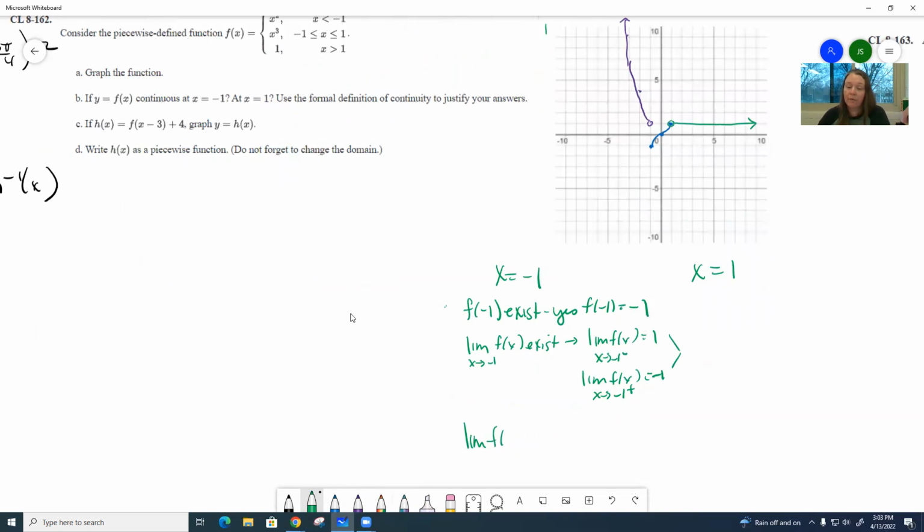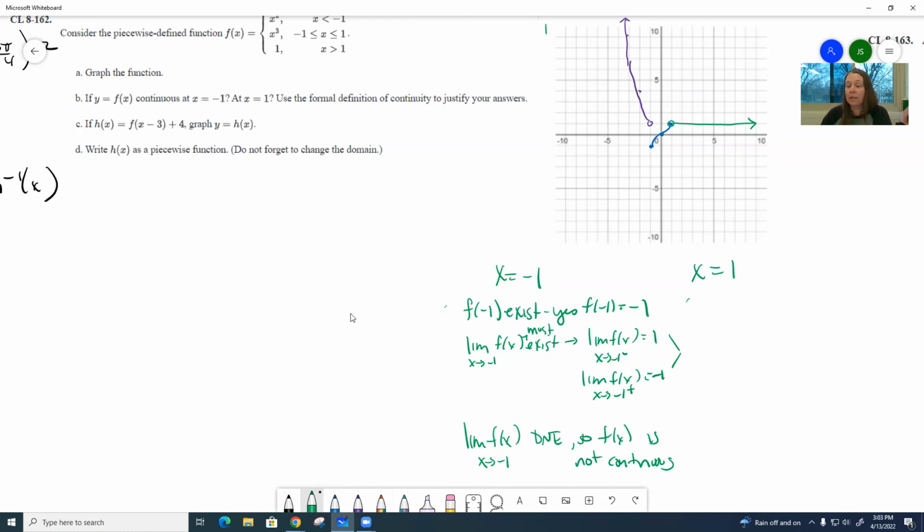So the limit of f of x as x approaches -1 does not exist, so f of x is not continuous. And I should say here, it must exist, right? And it didn't, so that's why it's not continuous.